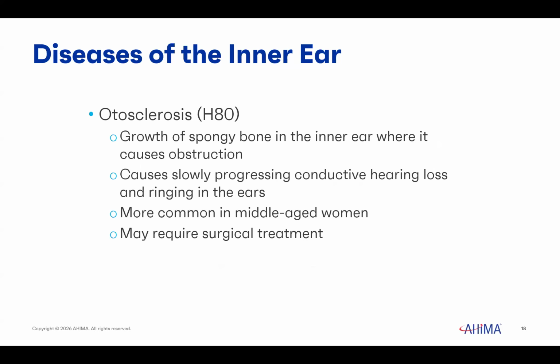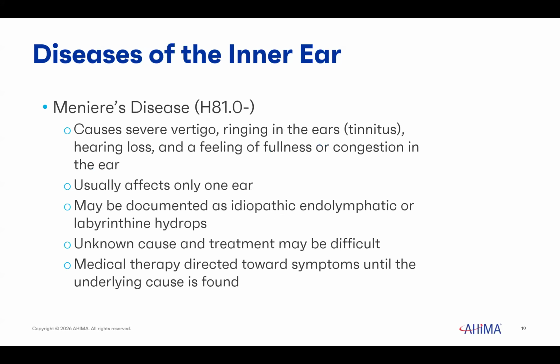A term that we see sometimes is otosclerosis. In other words, otosclerosis is the growth of spongy bone in the inner ear where it causes some sort of obstruction. You can also have Meniere's disease.